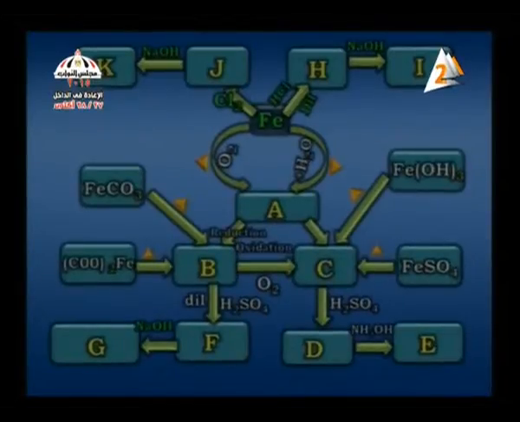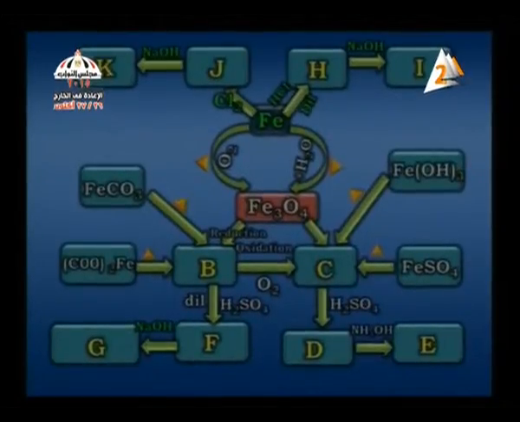So when heating iron with oxygen or water vapor, compound A is formed. If you think about it, my dear student, you will find it will be magnetic iron oxide that has molecular formula Fe3O4.